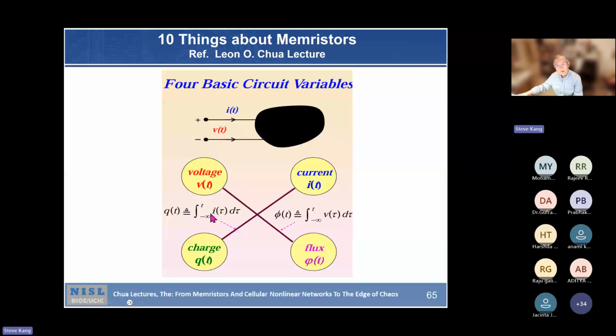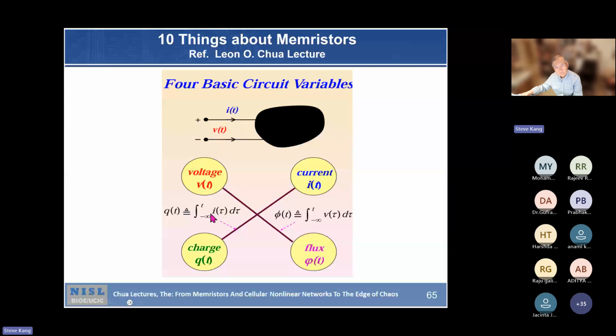So we have 4 variables, right? And then you can see in the next slide, the voltage-current relationship is defined by a resistor, Ohm's law, and the current-flux relationship, V equal to L di/dt, is the inductance relationship. The voltage and charge relationship, Q equal to CV, is capacitor times voltage.